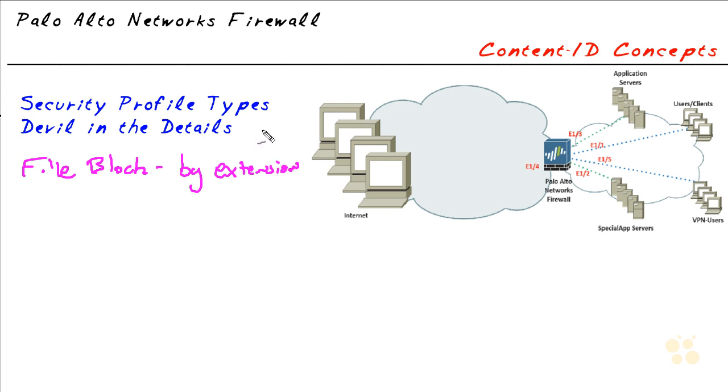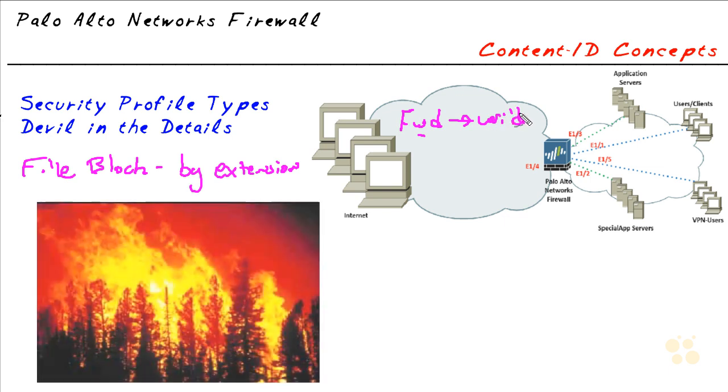So I can block, I can alert, very simple actions. I can continue, so again, user response and log. I can also do a forward. Okay, so from a reaction standpoint, forward, and both my data information, but particularly file blocking, brings up a new thing called WildFire.